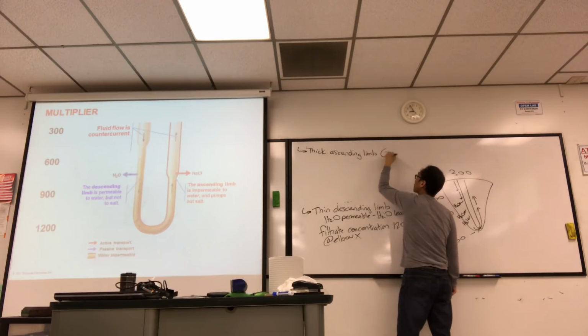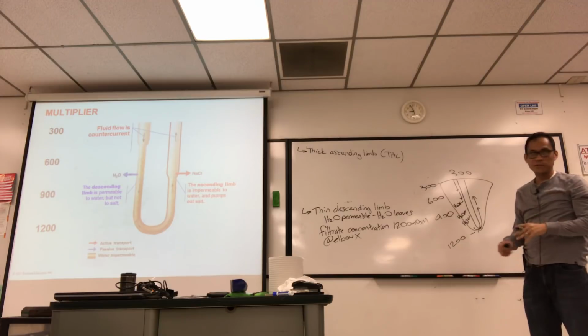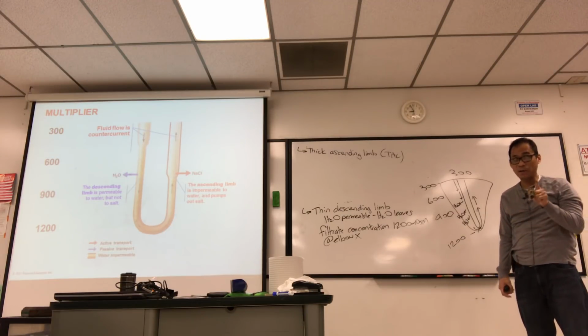Sometimes books call it the TAL for short. Well, anyways, the thick ascending limb is watertight. It's water impermeable.